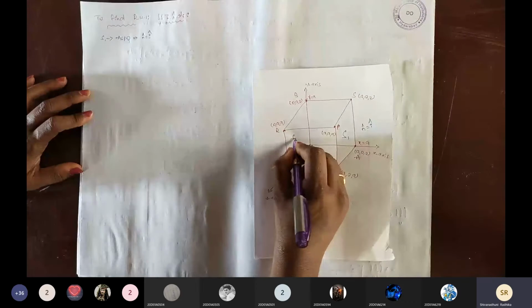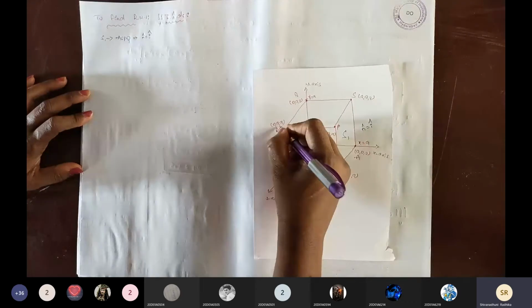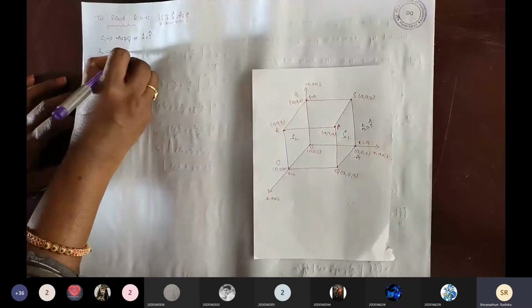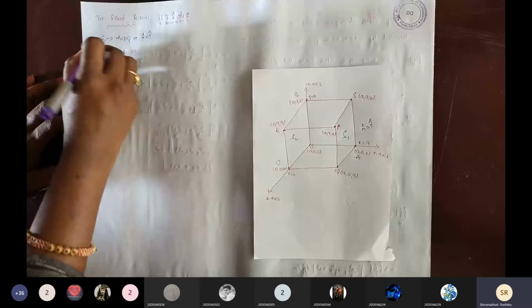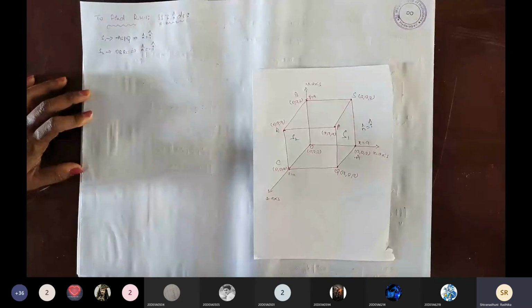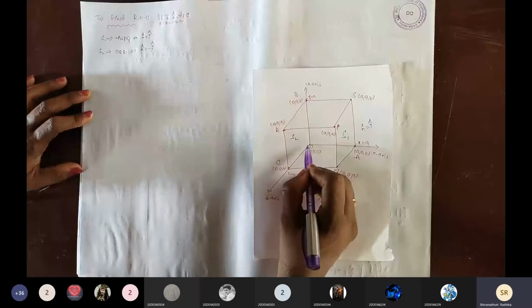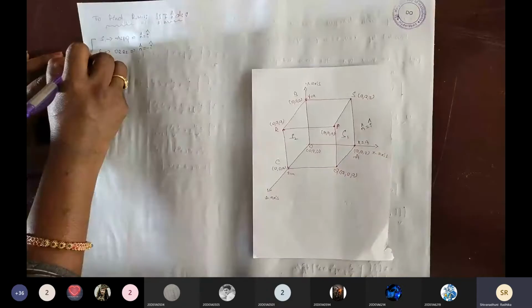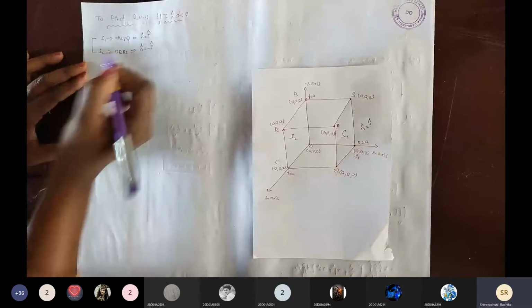This is the S2 projection, OBRC. OBRC is the projection of S1, so that n cap equals minus i cap, which touches the x-axis, but on the left side of the origin. This surface touches the x-axis so that n cap equals minus i cap. Both are opposite, so completed.